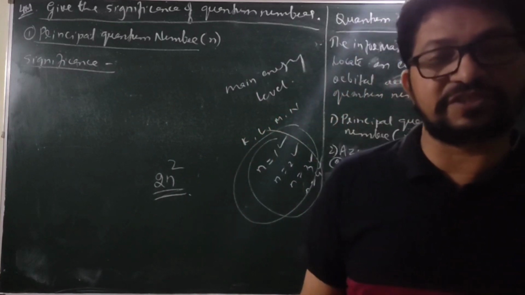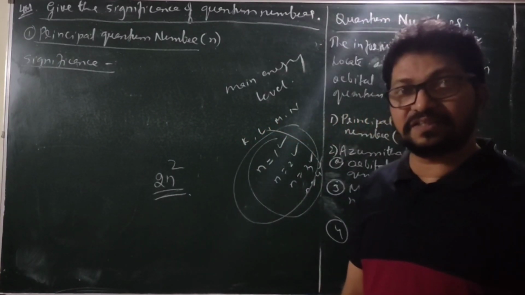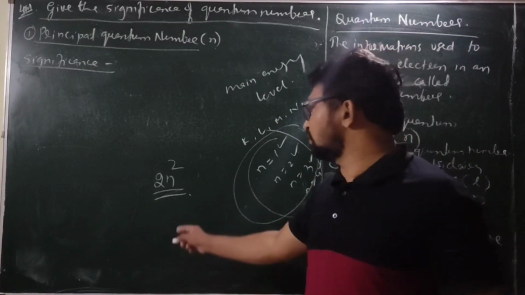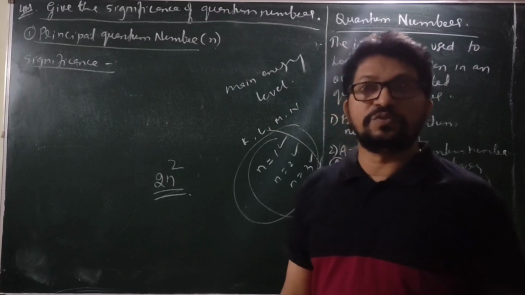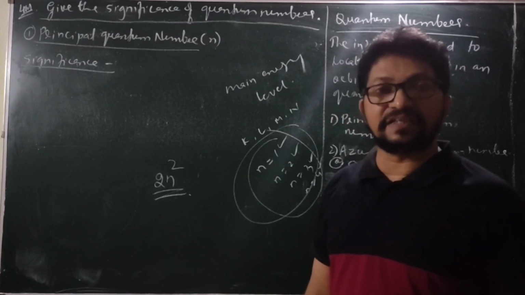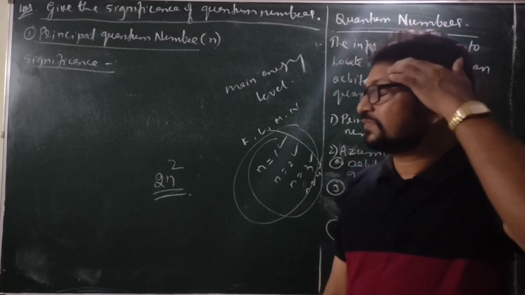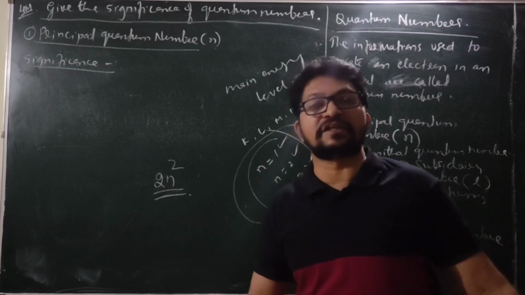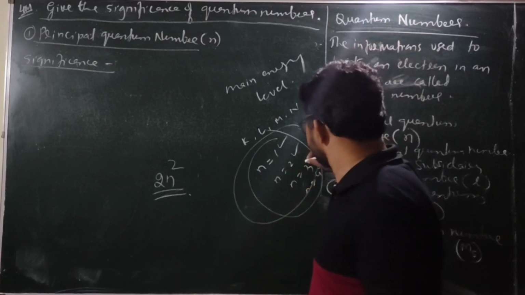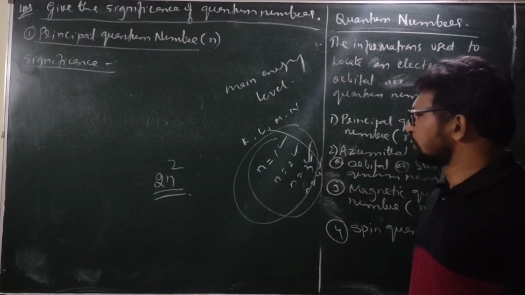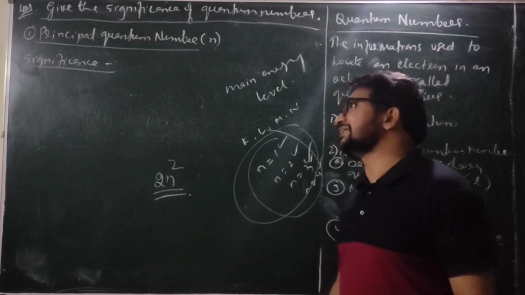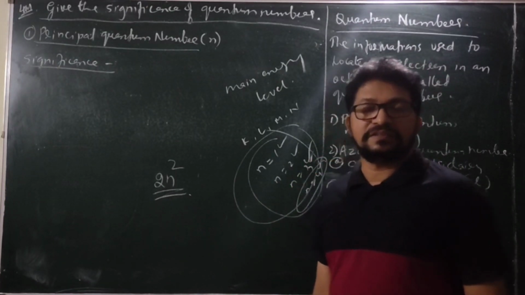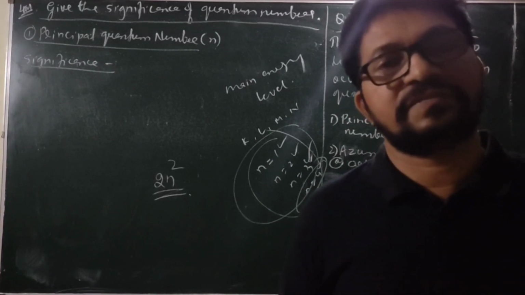How many electrons are there in any orbit? 2n square. 2 into 1 square, 2. 2 into 2 square, 4 into 2, 8 electrons, L shell. 2 into 3 square, 9 into 2, 18 electrons, M shell. 2 into 4 square, 16 into 2, 32 electrons, N shell.